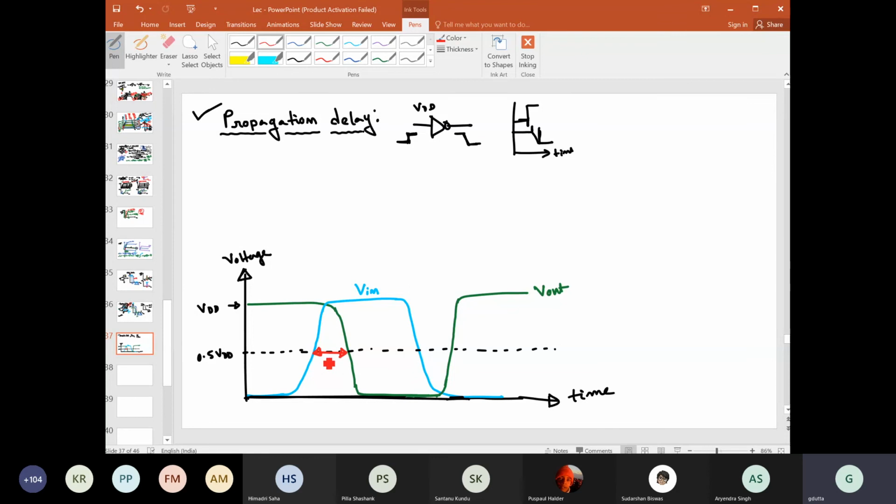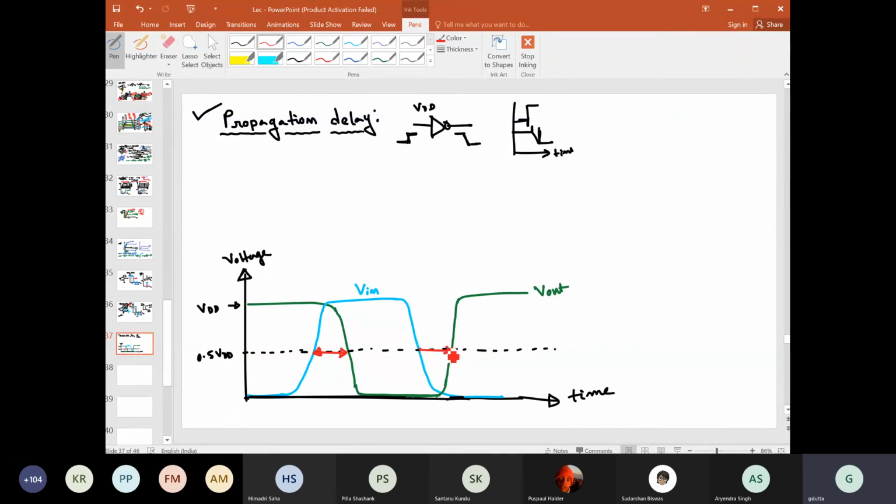We will define more about what type of propagation delay this is. Similarly, here the input was changing from low to high, but when the input is changing from high to low, you can see there is also a delay between the change in input and the change in output.